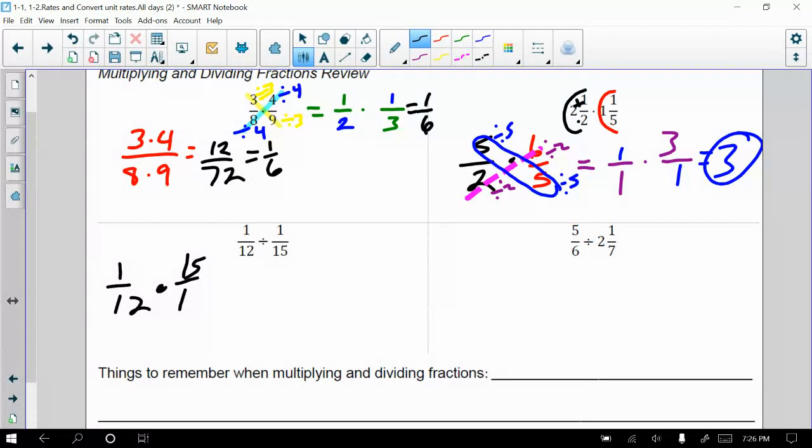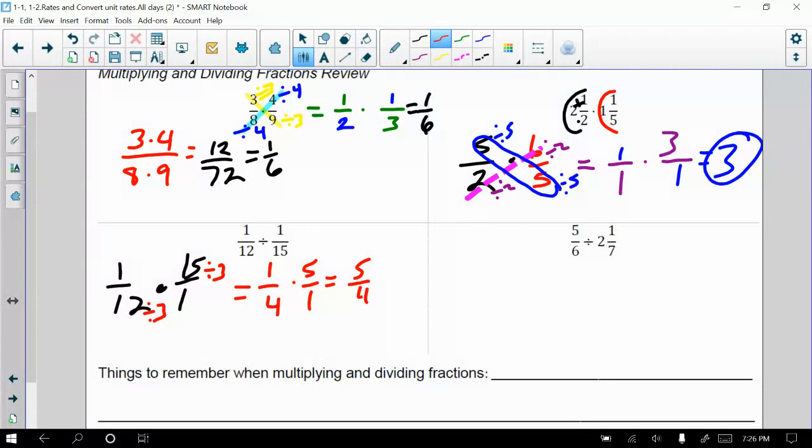Now I could just go ahead and multiply and try to reduce, or because I know my math facts, I know both of these can be divided by 3. So then I really have 1 over 4 times 5 over 1, which then gives me 5/4.